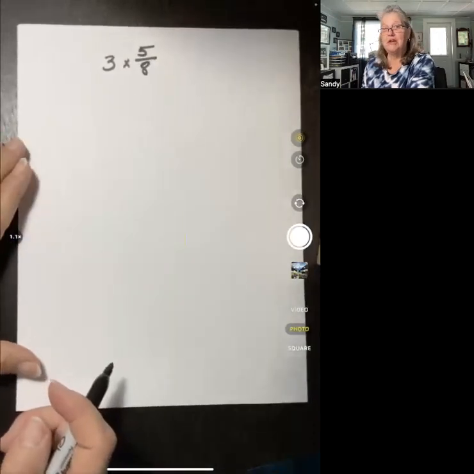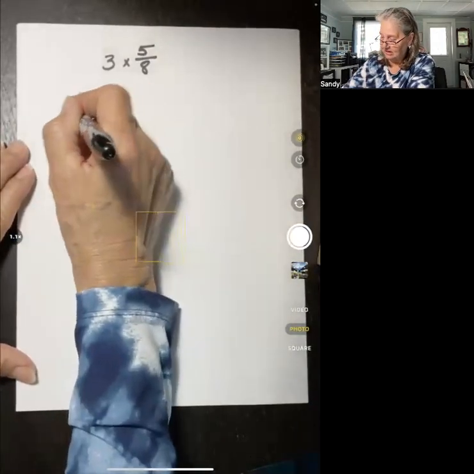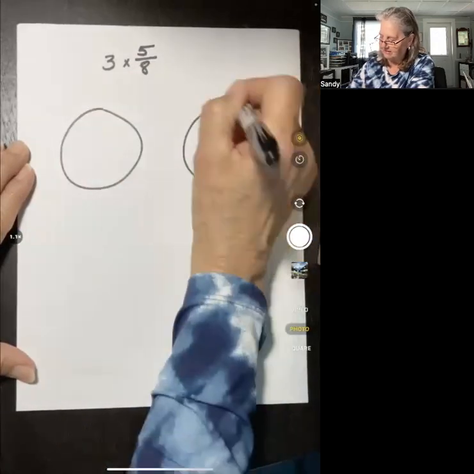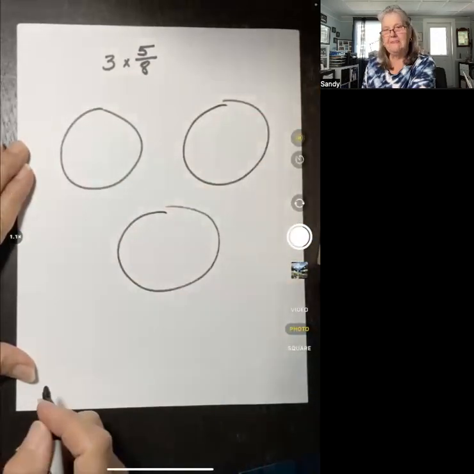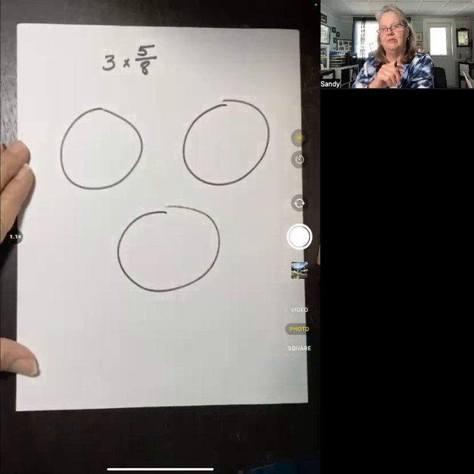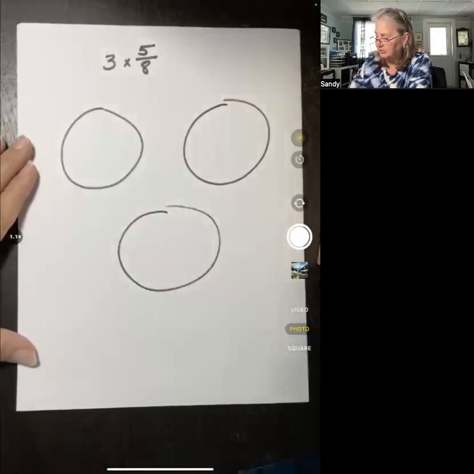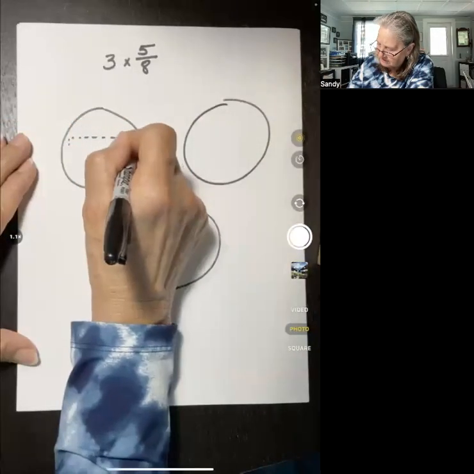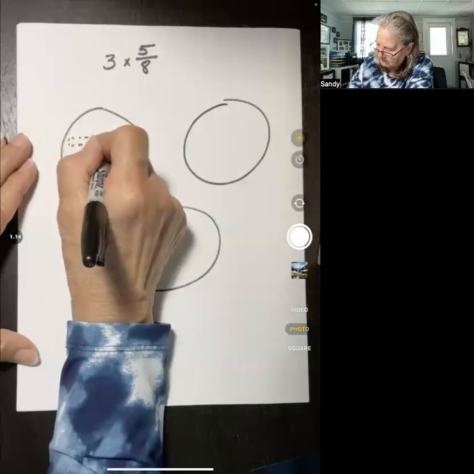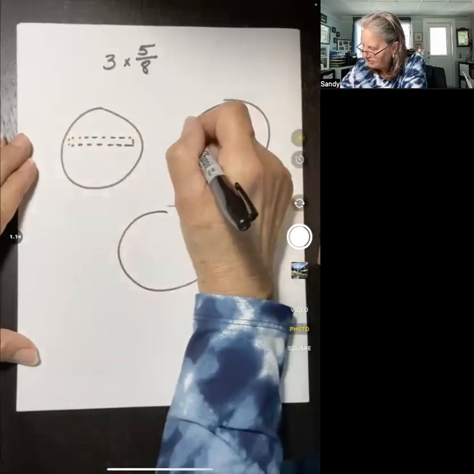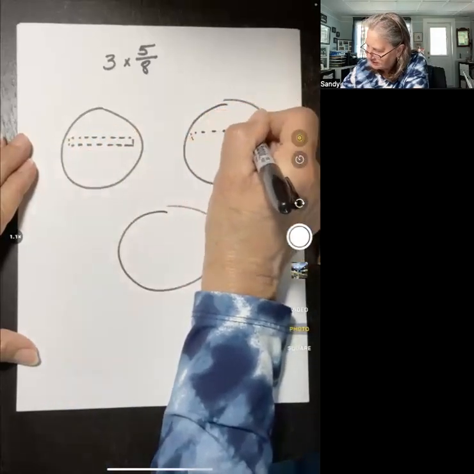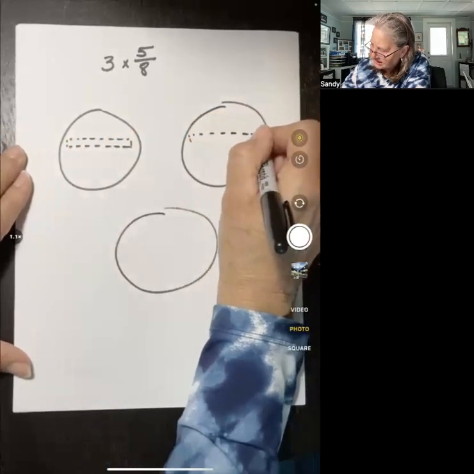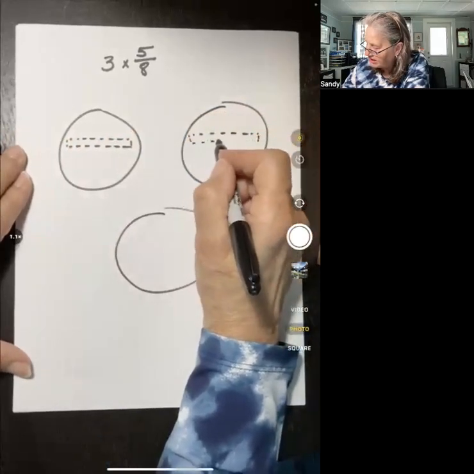The idea, we have 3 groups of 5/8. So I still have the 3 groups of 5/8. And remember I said when I'm going to draw pictures of fractions less than 1, I'm going to use a dotted line to draw those pictures. I use the long rectangle just because it connects to the fraction kit.